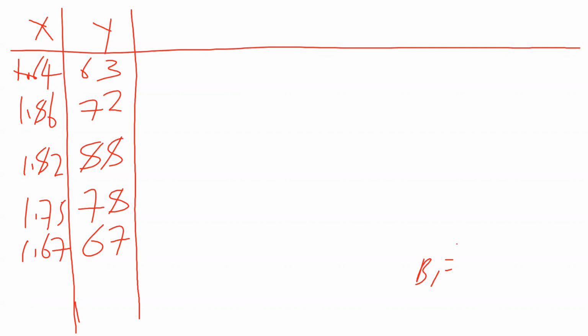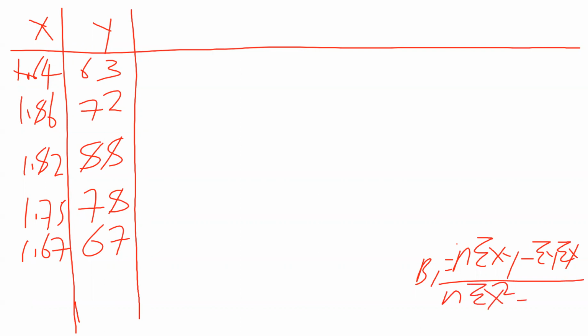Beta 1 is equal to n, the summation of xy minus the summation of y, summation of x over n, the summation of x squared minus the summation of x, then we square that. I want you to see from the formula what we need.